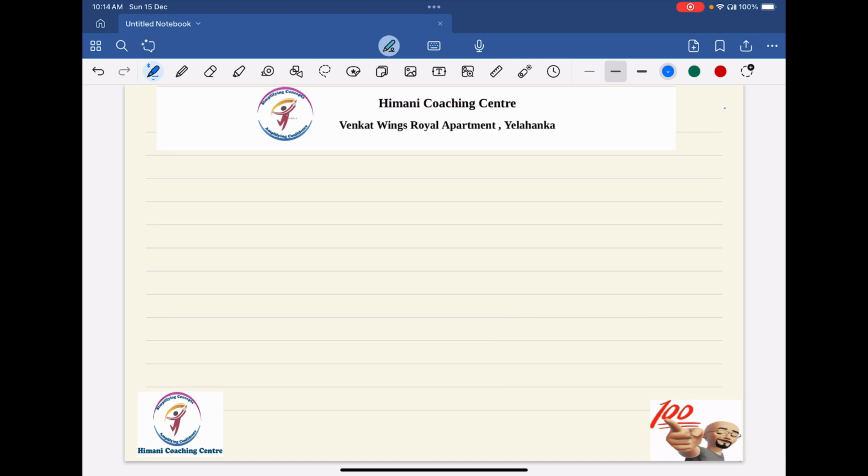So kids, going forward from our previous video, we have understood fractions. When we talk about any fraction, let us write a fraction as 1 upon 2. We say this as 1 upon 2 or 1 by 2.